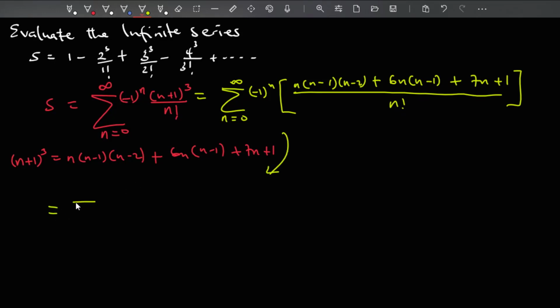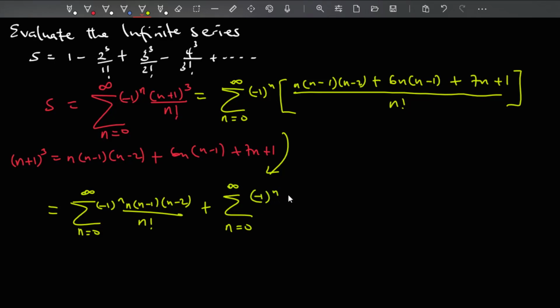So I'm going to write this as the summation from n equals 0 to infinity. I'm going to break this down as negative 1 to the power n times n into n minus 1, n minus 2, divided by n factorial, plus the summation from n equals 0 to infinity of negative 1 to the power n of 6n into n minus 1 divided by n factorial, right?